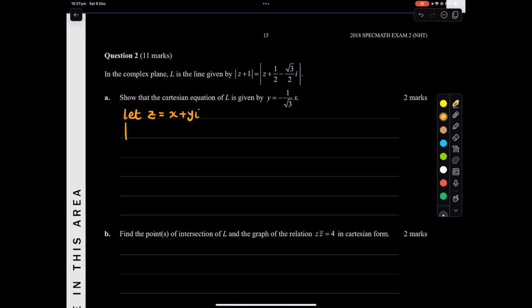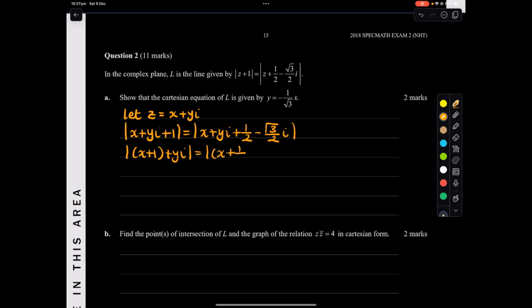So we get the absolute value of x plus yi plus 1 is equal to the absolute value of x plus yi plus a half minus root 3 over 2 i. And we can put some terms together: x plus 1 plus yi, and x plus a half plus y minus root 3 over 2 i.